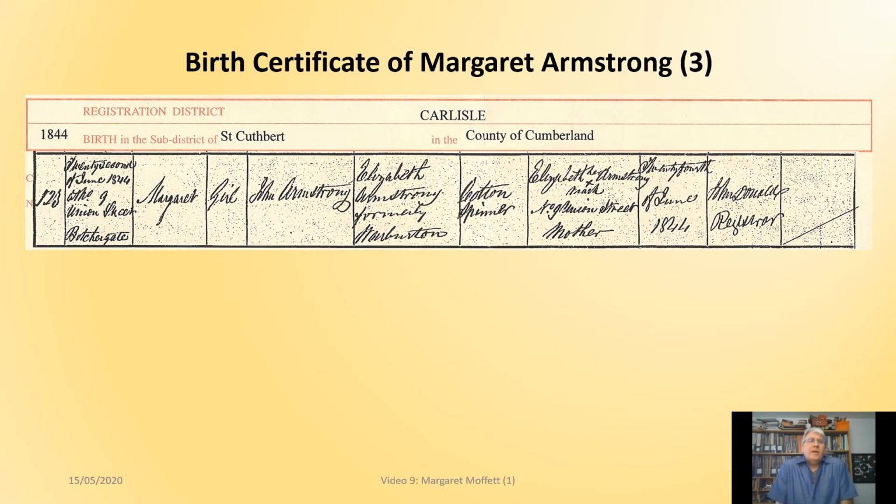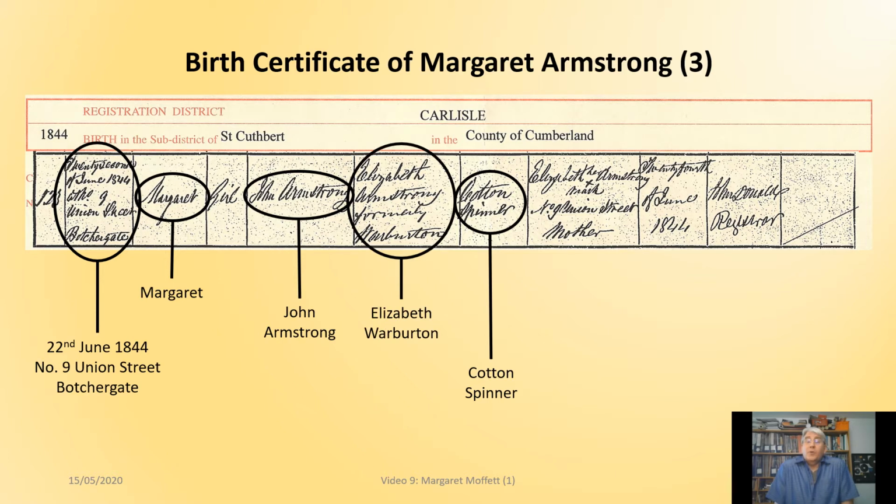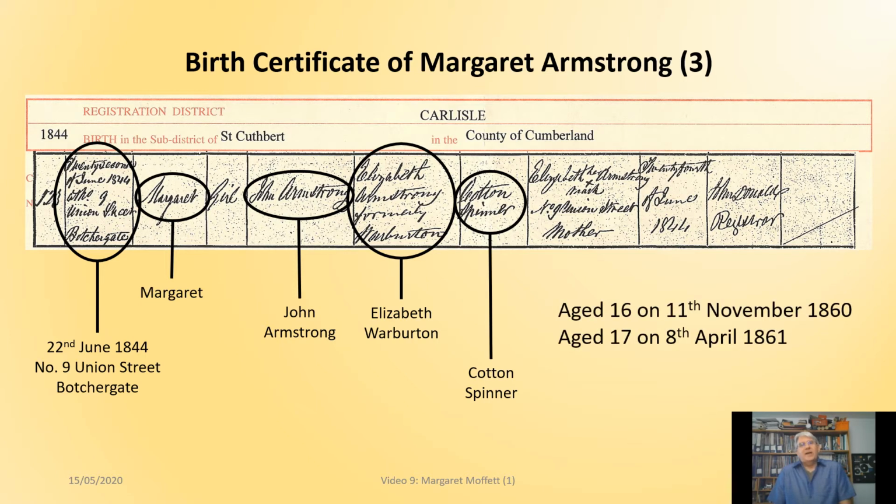And thirdly, Margaret born on 22nd of June 1844 to John, a cotton spinner, and Elizabeth, formerly Warburton, living in 9 Union Street, Botchgate, Carlisle. This would make her 16 years old in November 1860 and 17 years old at the time of the 1861 census.